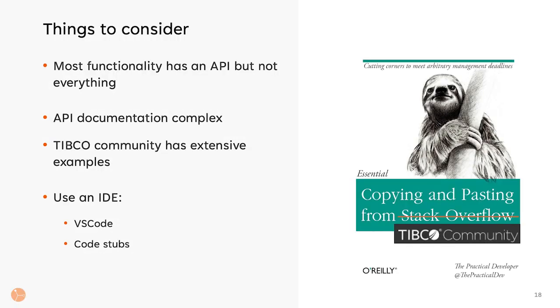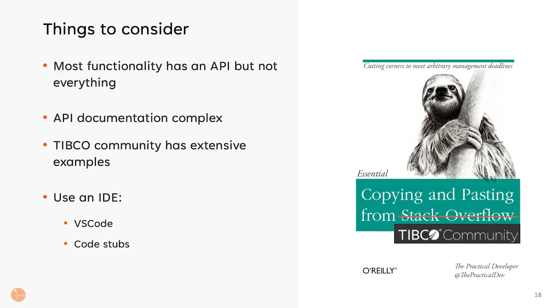So, what to consider about IronPython? Most functionality has an API, but I've found a couple of things that didn't. The API documentation is very comprehensive, it's huge, but it's complicated, and if you're trying to work out what to do from the API documentation, you're going to struggle really. But I have to say, the Spotfire community has a huge number of examples, and I recommend looking on there.